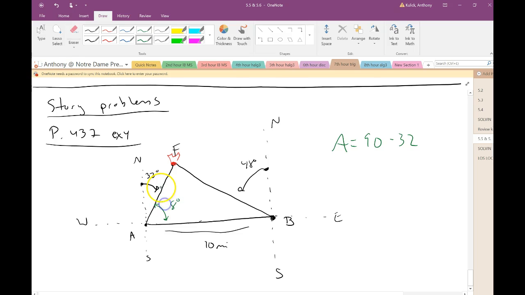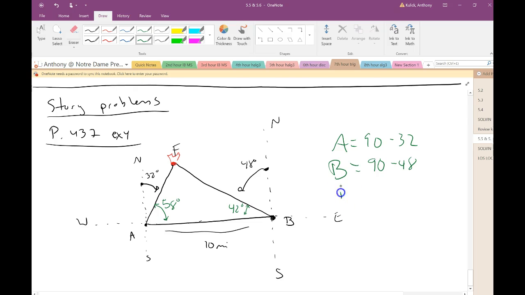Who can tell me then what angle B is going to be? Good. How do we get it? 90 minus 48, so 42 degrees. And now that we have those, what can we get really easily?